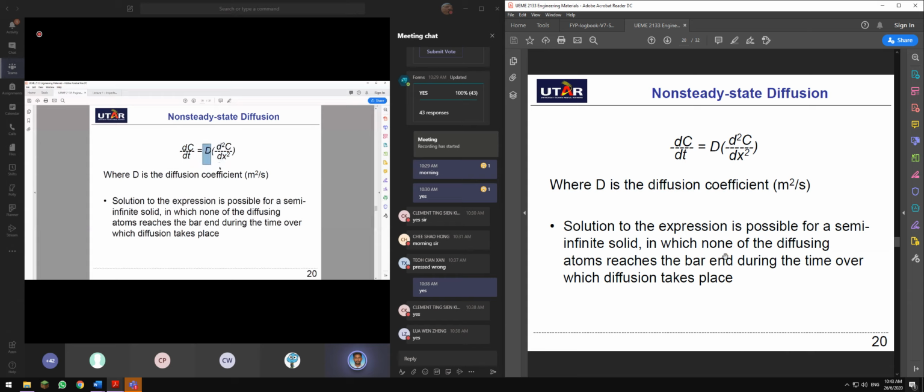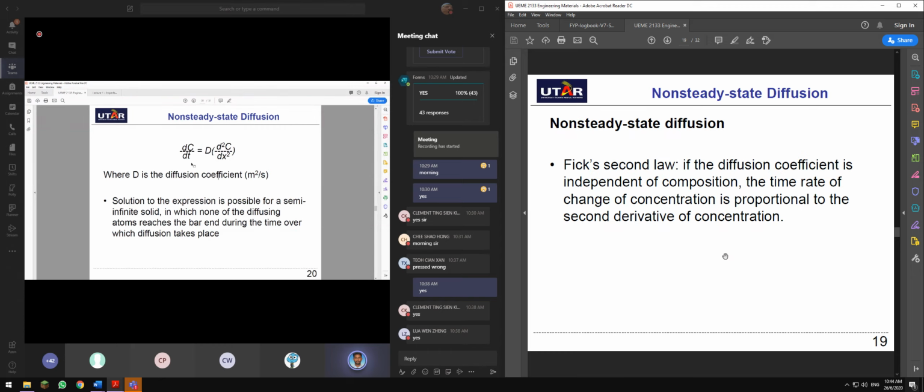And this D is your diffusion coefficient; diffusion flux is J.